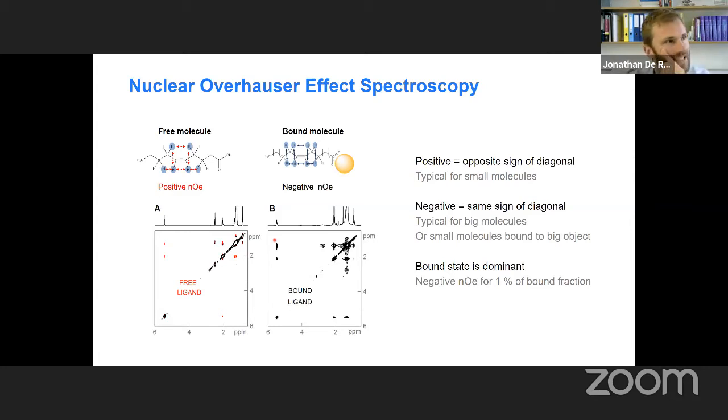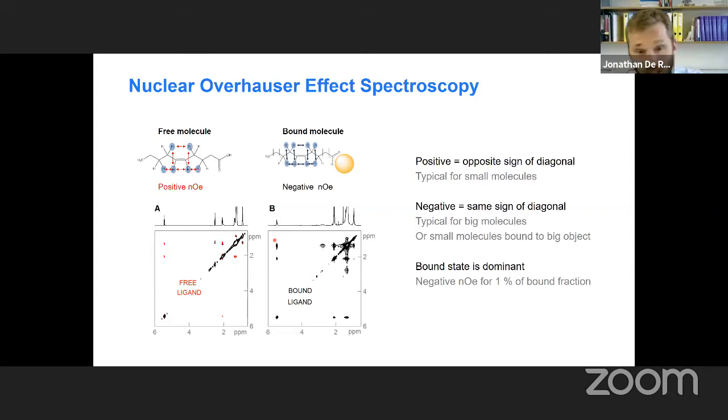But NOESY is extremely sensitive. You can detect up to, this is really pushing it, but up to 1% of the bound fraction. So if you have 99 molecules that are free, but one is bound, and those are exchanging, at all times there is one bound and 99 free, then the total signal of all those 100 molecules is going to be negative.